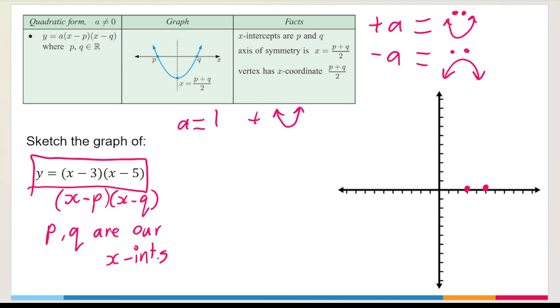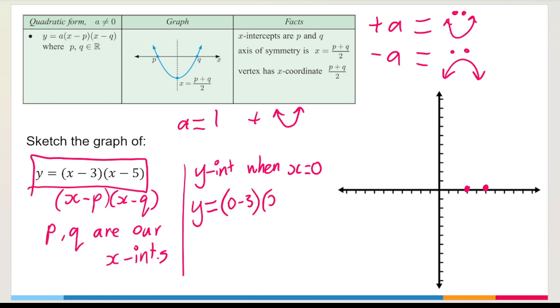Another thing that we want to also consider is the y-intercept, and the y-intercept occurs when x is equal to 0. So we can find that really easily by saying, okay, y equals 0 take 3 times by 0 take 5. Negative 3 times negative 5 is going to give me 15.